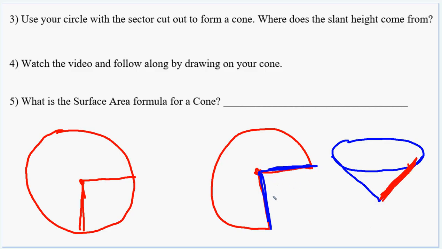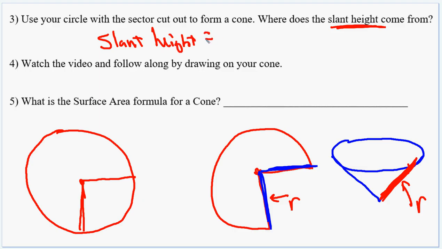So we might be able to see there that this radius is also the same as this L, or the lateral slant height of this cone. So using your circle cutter, where does the slant height come from? Slant height equals radius. The radius of the circle is the slant height of our cone.